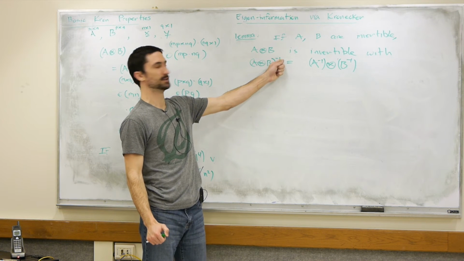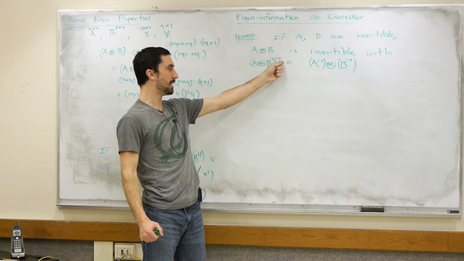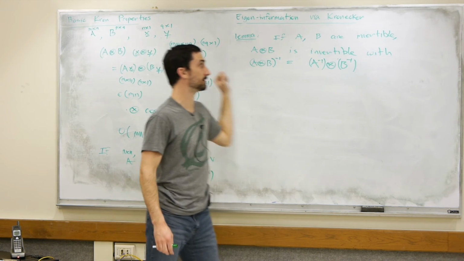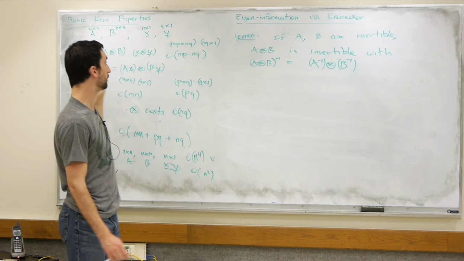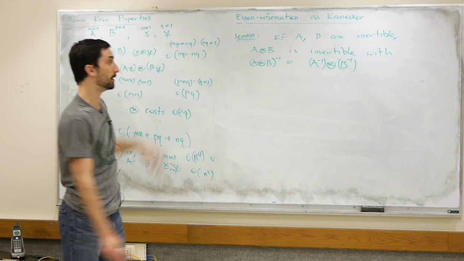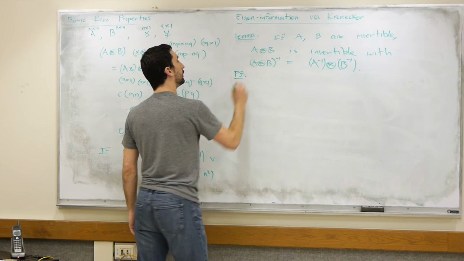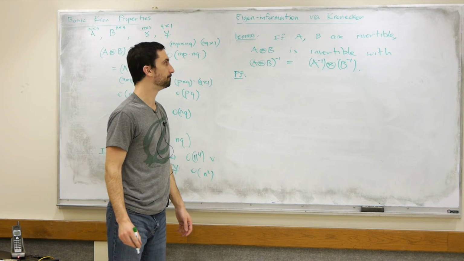I'm really tempted to pull that inverse, pass it through the parentheses, and apply it across the Kronecker product. And it turns out that that's the case, and we can prove it using the property we were just talking about. The proof should be swift and satisfying.